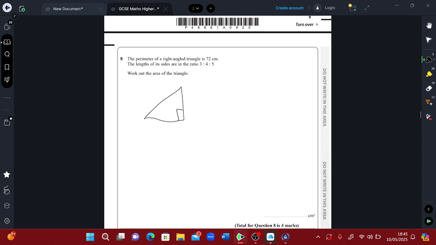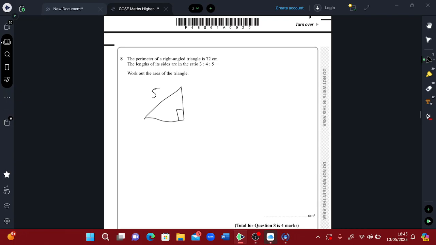Obviously, you should know that the largest one is going to be the hypotenuse. So that's going to be 5. Now, I think you might be okay with this question. Just leave it as 5. However, technically, it's been scaled.